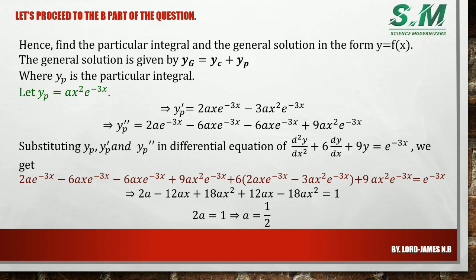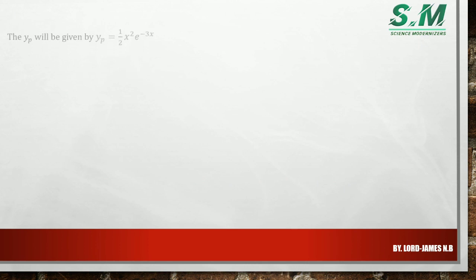So here we definitely get 2a is equal to 1, since the negative 12ax and positive 12ax will cancel out, and 18ax squared minus 18ax squared will cancel out. We'll be left with 2a equal to 1, where a is equal to half. So the particular integral will be given by yp equal to a half x squared e to the negative 3x.